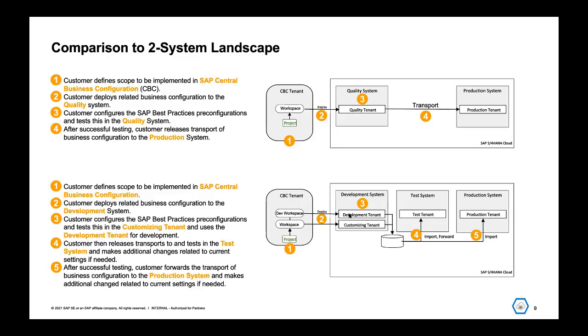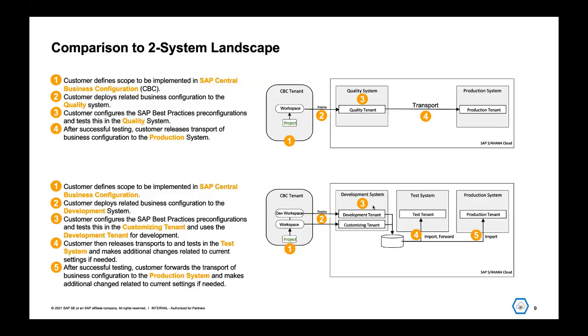Going from these workspaces, it's more or less the same. You have the development system where you deploy your configuration changes. This S4 system will then coordinate the activation of the configuration, and that's a major difference. It's in the customer's hands to bring the configuration via transport to the test and production systems.